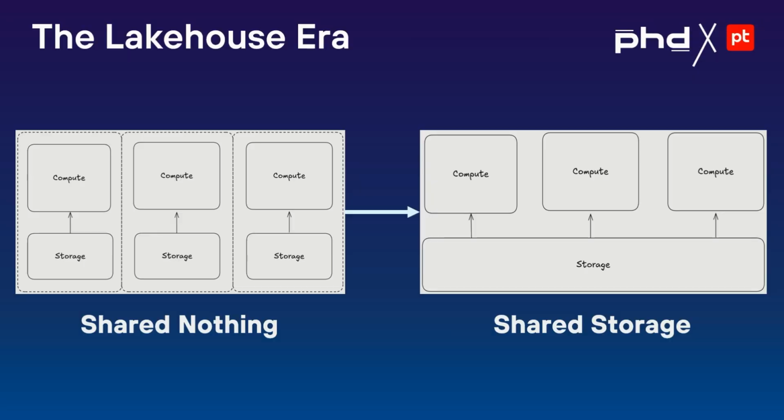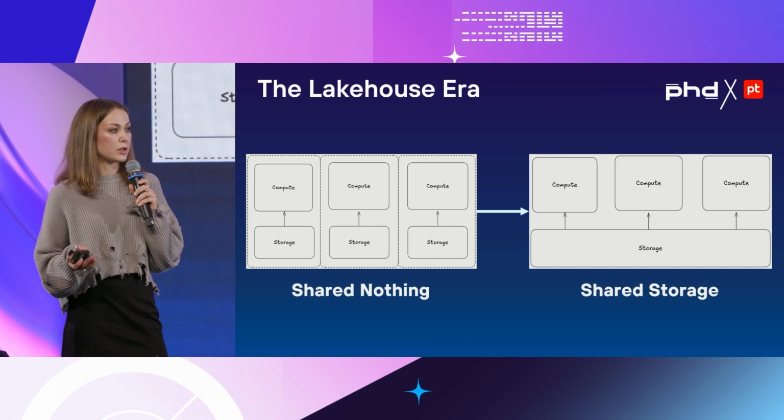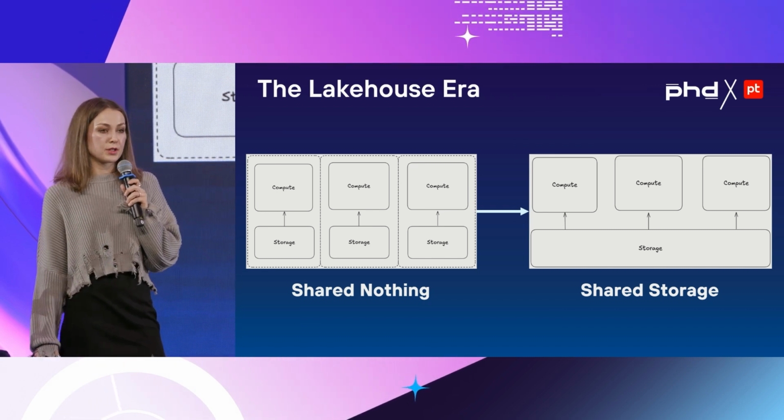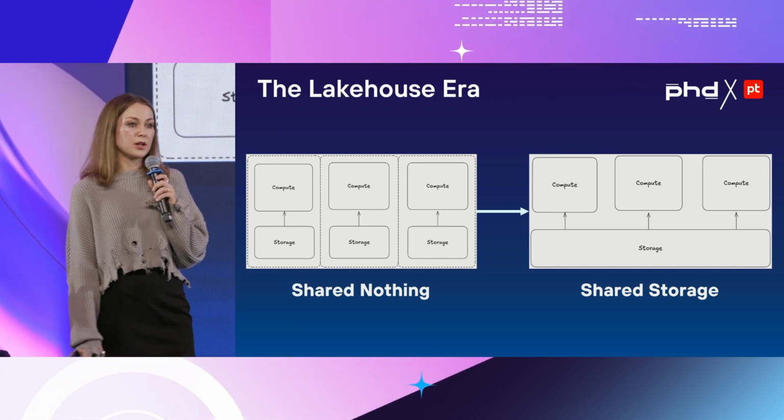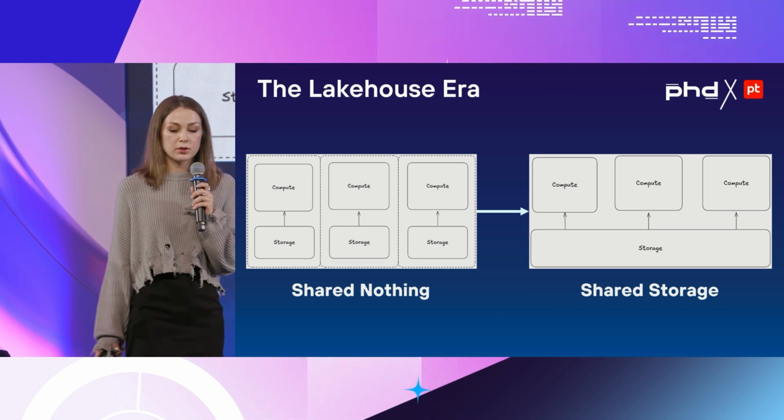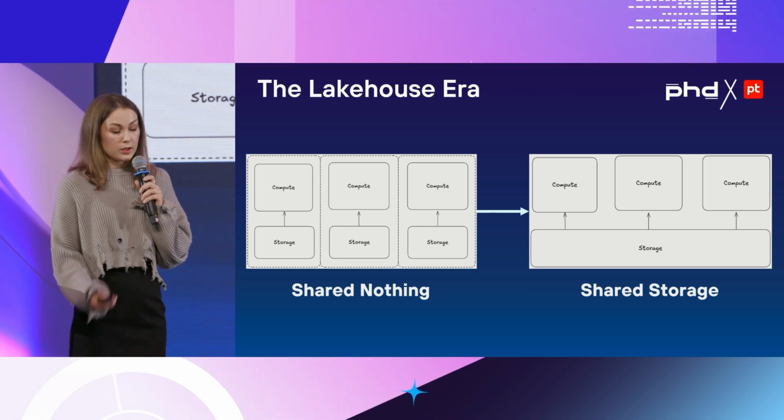What could be the benefits? Number one, we don't have data redundancy because we do not support replication the way we did in ClickHouse. We can scale up flexibly. We can add as much as we need. We can allocate and distribute workload.